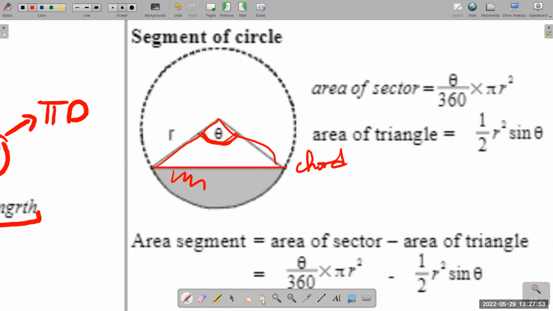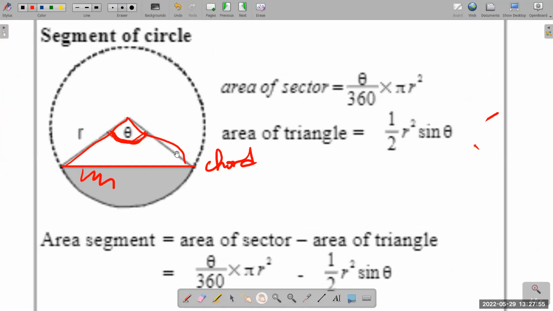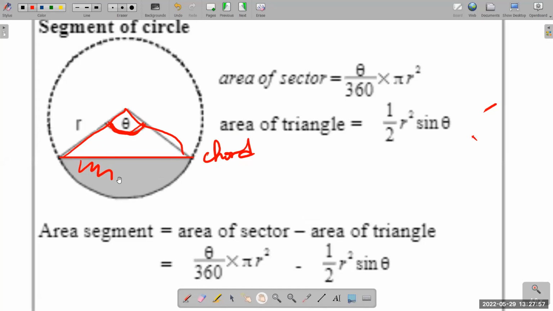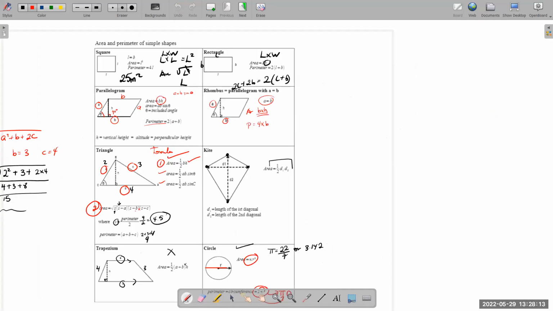So what they're telling you to do, step 1, find the area of the entire sector. What shape is this inside here? Then a triangle. So you find the area of the triangle, and based on the formulas we did before, to be honest, that's the only one I forgot to talk about. So let me go back.